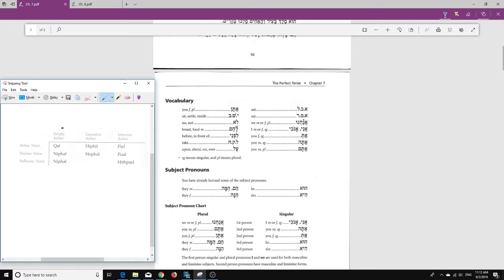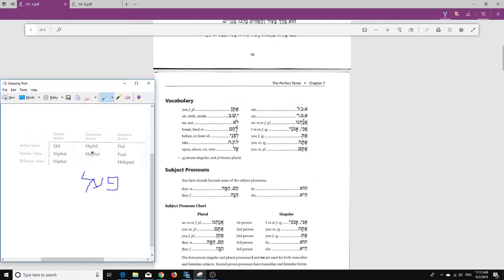So there are 7 verb patterns in Hebrew. Today we're only going to be talking about the kal, or simple is what kal means, the simple verb. The rest of the verbs, the names are based on the verb pay, ayin, lamed.